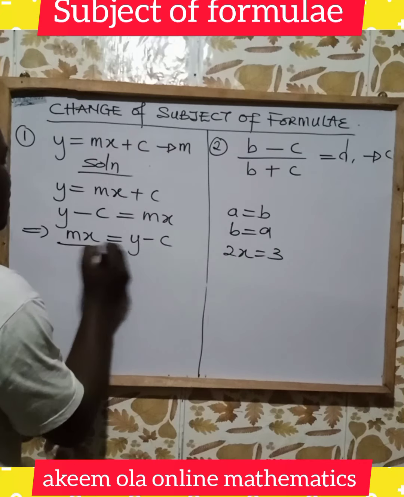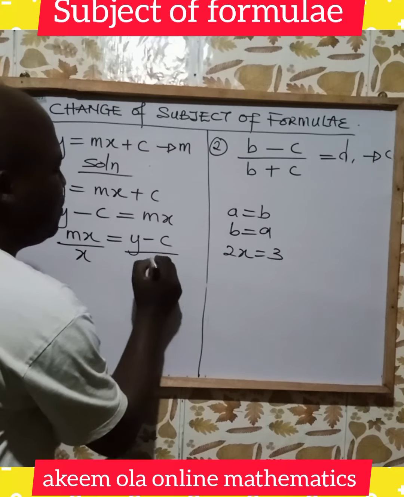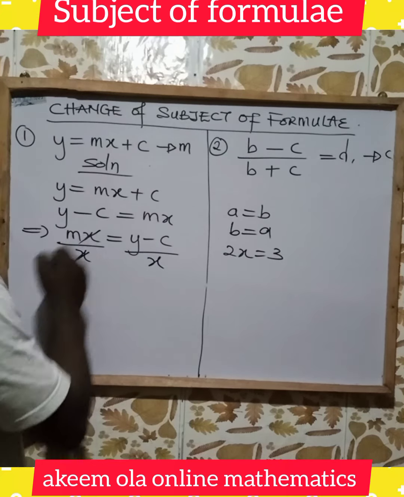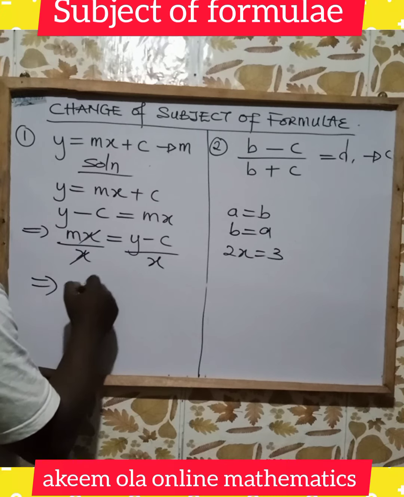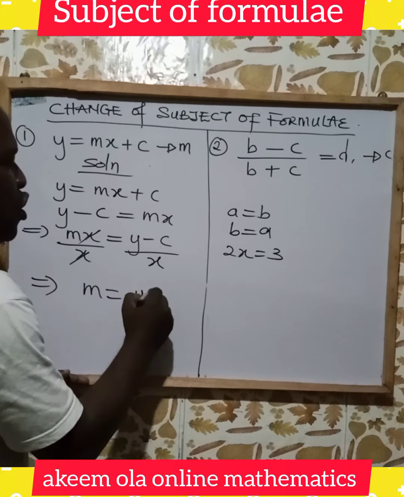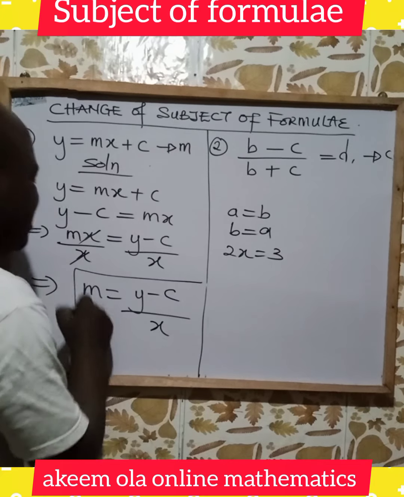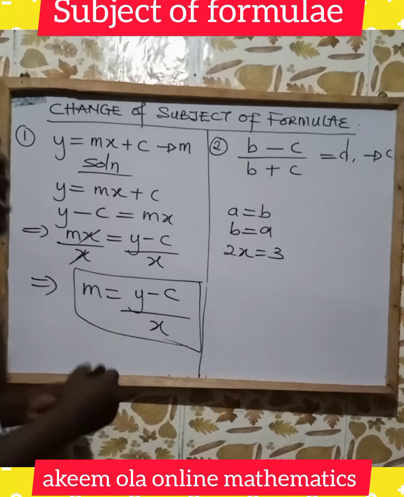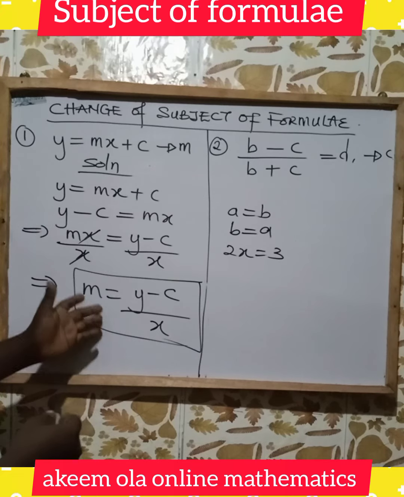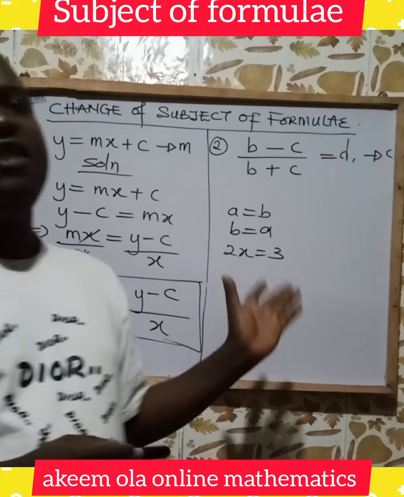That means I'm going to divide this by x, and we also divide this one by x. x will cancel. This now implies that m will be equal to y minus c all over x. As this equation is now, we have successfully made m the subject of this equation.